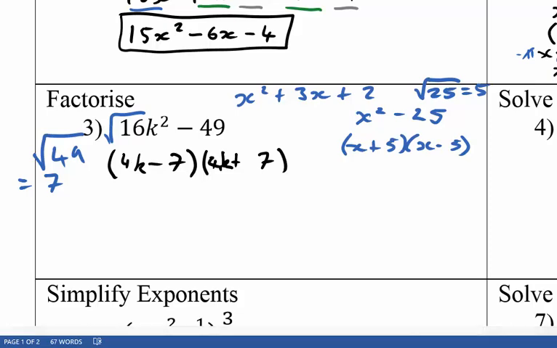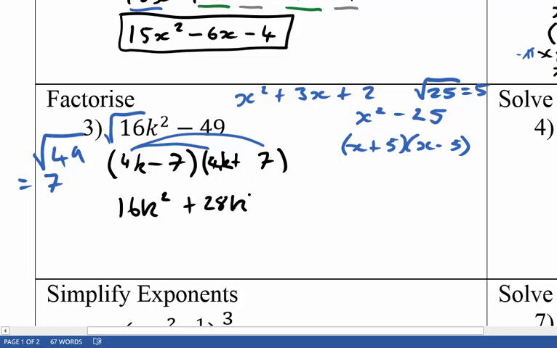Let's just check that out. Okay, so I'm going to go this times this, and I can check by expanding. 4k times 4k is 16k squared, and then 4k times positive 7 is plus 28k. Now I can go negative 7 times 4k.